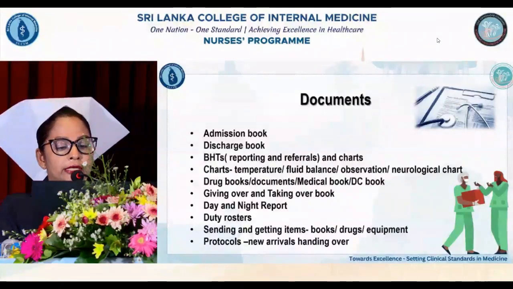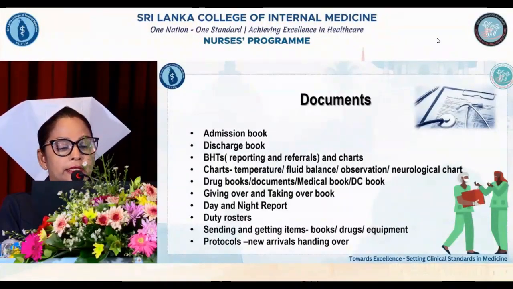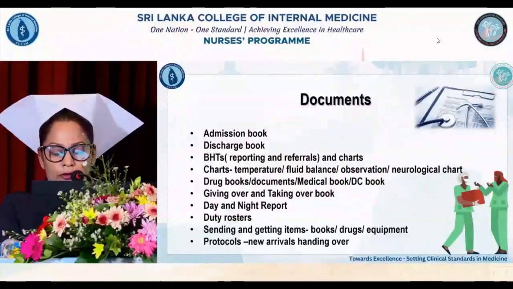Whether they are available, whether they are filled and checked up to a certain time period. Drug books, medical books, DC book, everything you have to check, hand over and take over. Giving over and taking over book, day and night report, duty rosters, sending and getting item books, drugs, equipment, all the protocols, and new arrivals.